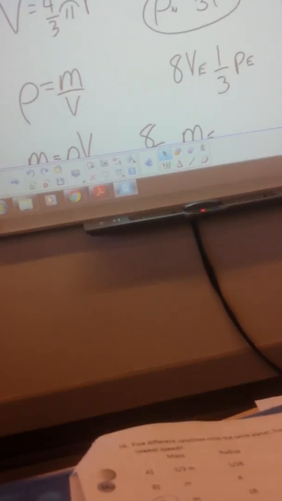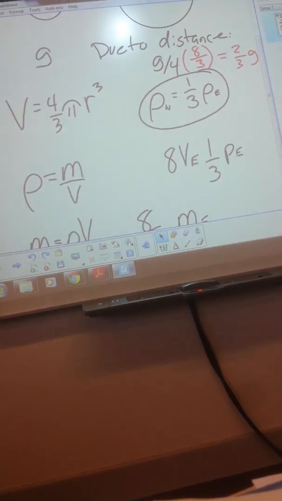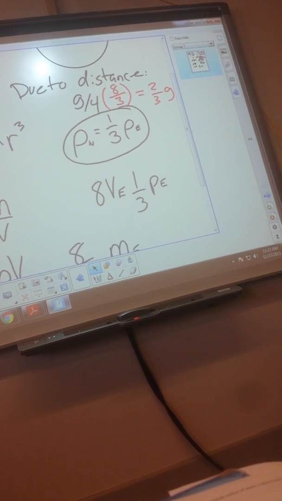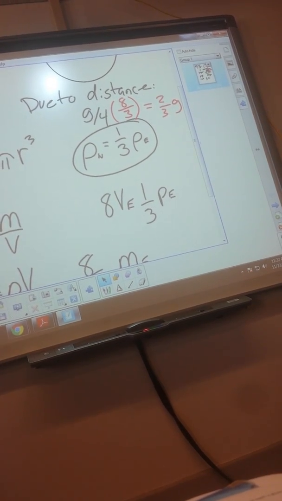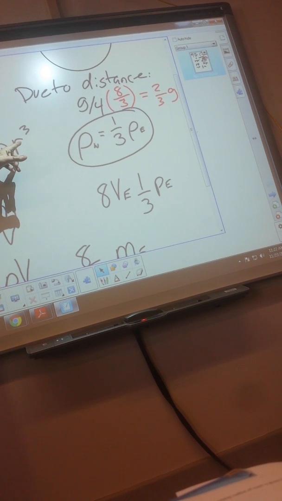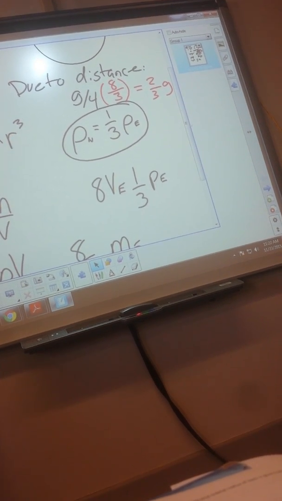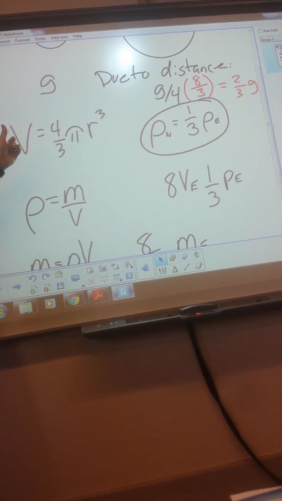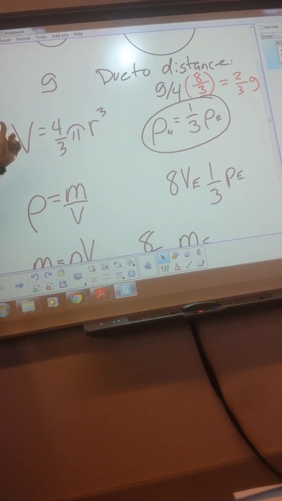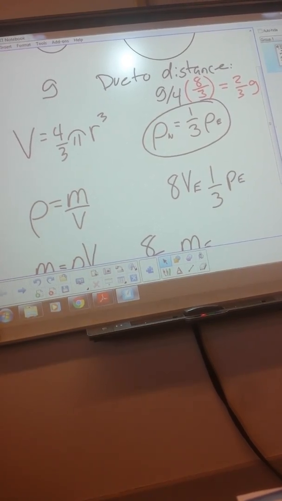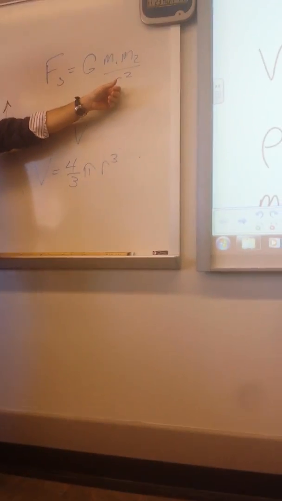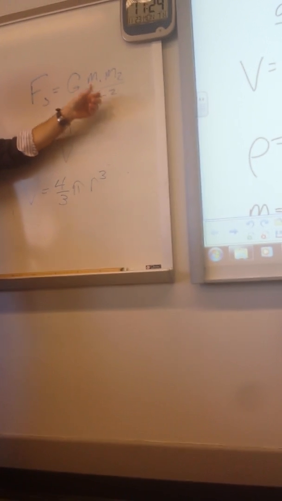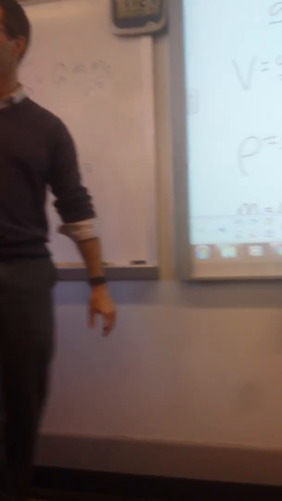But it must have more mass because it's 4 times bigger and it has the same density. 4 times the radius would give you 64 times the volume. At the same density, that would be 64 times the mass. So because of the mass, it's 64 times greater. Because of the distance, it's 16 times smaller. 64 over 16 is 4. So it should be 4g.